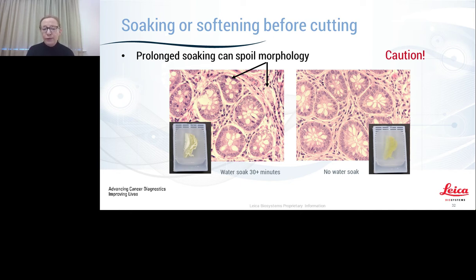Again, you have a morphological change. You can see it in the block, you can see it in the microscope slide, and it's not due to the tissue processing. It's not due to the fixation. It's simply that a block has been left there a little bit too long and it's caused issues.